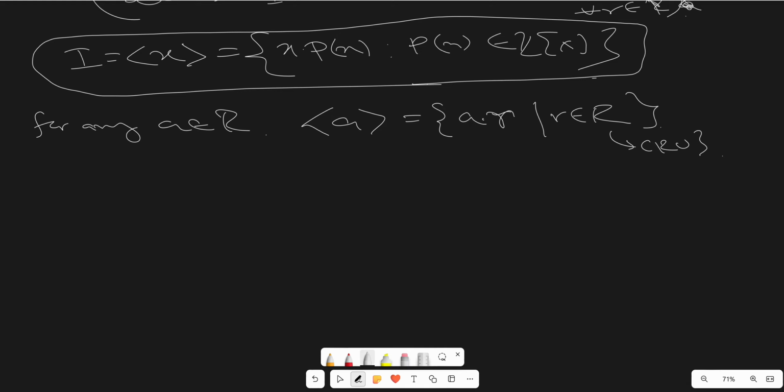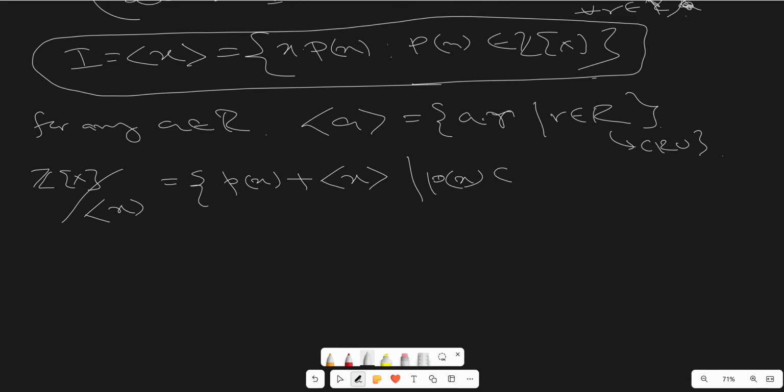So now you can define the quotient Z[x] mod the ideal generated by x, which is the set of p(x) plus the ideal generated by x, where p(x) is inside Z[x]. This is our quotient ring.